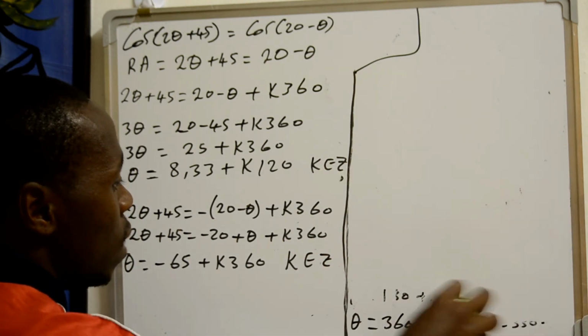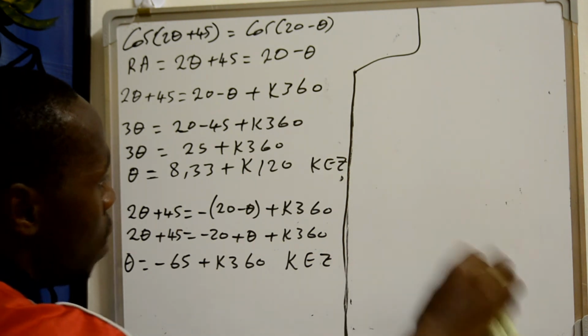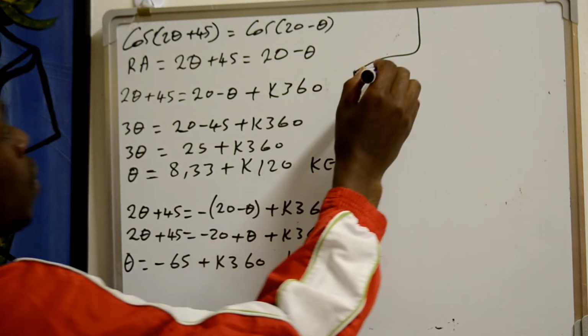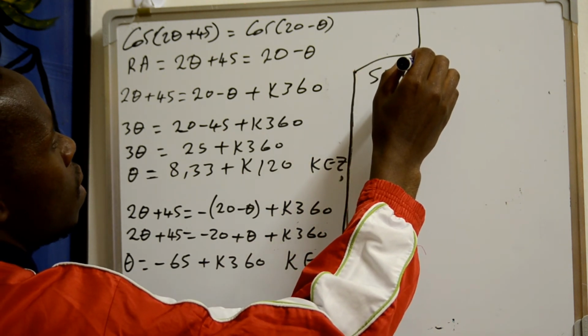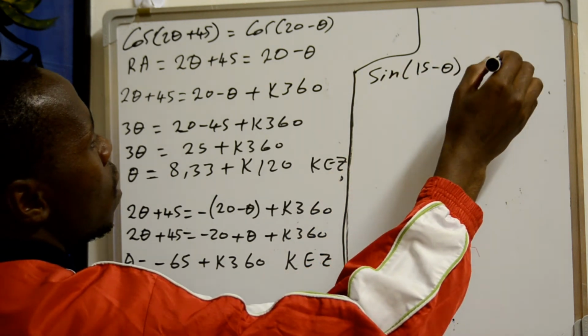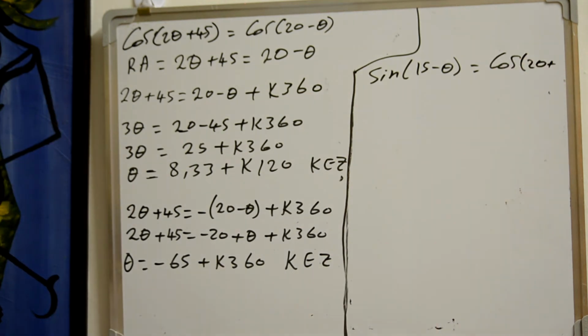Now you get a different scenario, with two different ratios. I believe the simplest problem is sine 15 minus theta equals cos 20 plus theta.